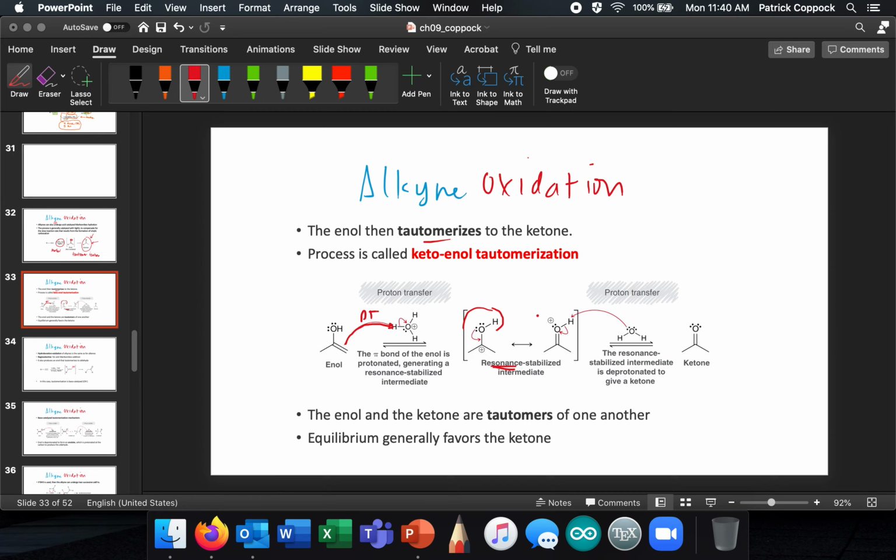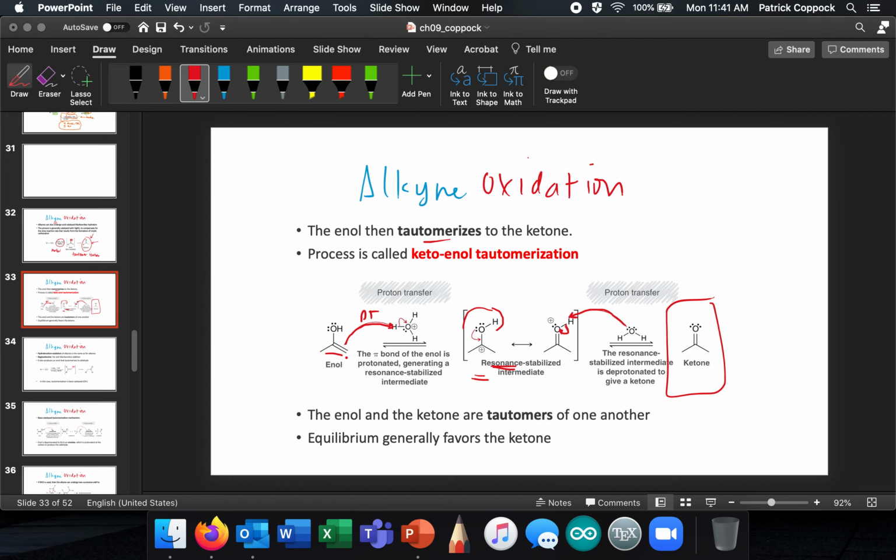Of course, the plus is more comfortable on the carbon than the oxygen, so this is the dominant structure of that hybrid. But enough of this exists such that another water molecule can come over and say, hey, I'll take your proton, and you can have all the electrons. And it goes off as H3O+. So there we are, and then we end up with a ketone, which is much more stable than an enol.